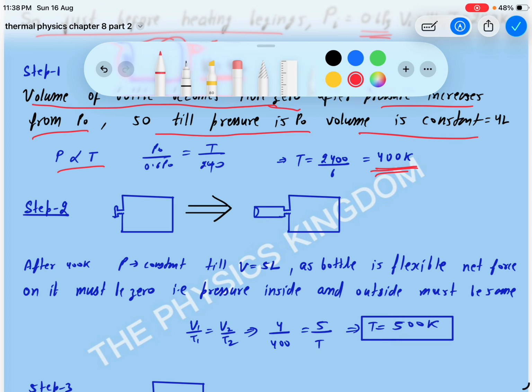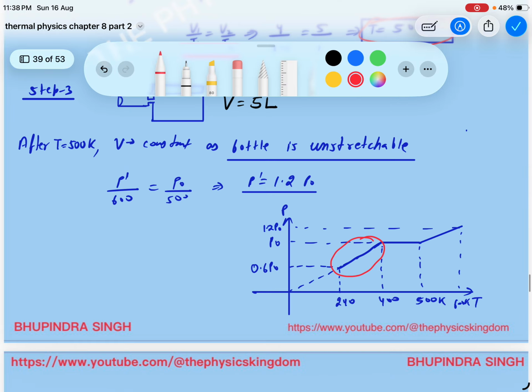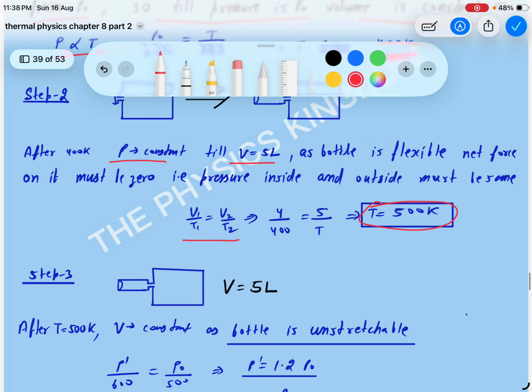The maximum possible volume is 1 liter. So pressure will be constant till the total volume of the gas is 5 liter. So V1 by T1 is equal to V2 by T2, I am applying. It is given T is equal to 500 Kelvin. So my step 2 is this, where pressure is constant, right?